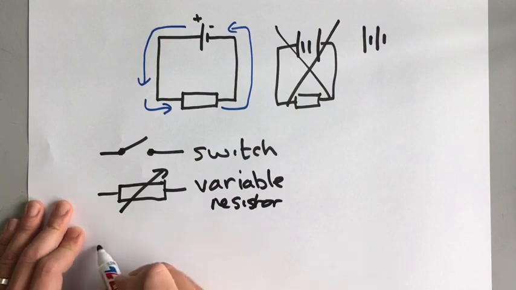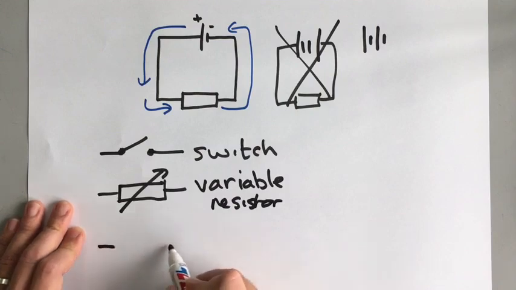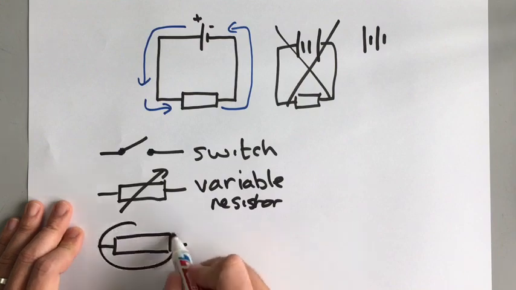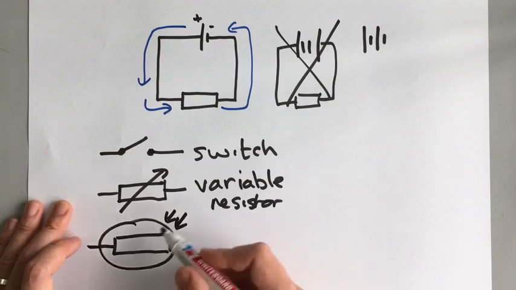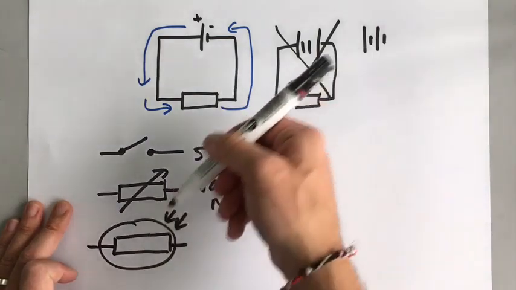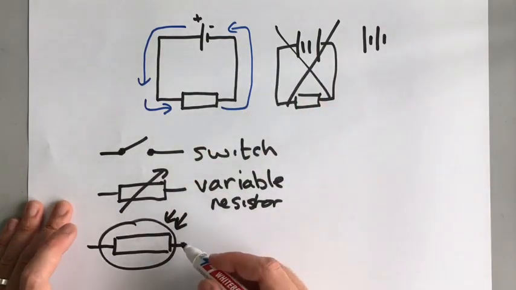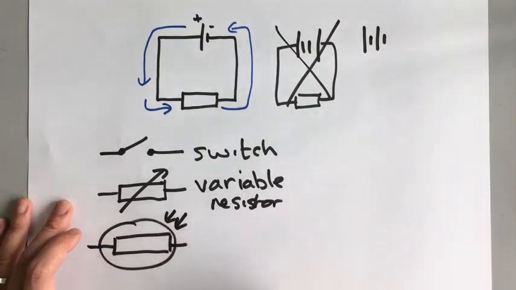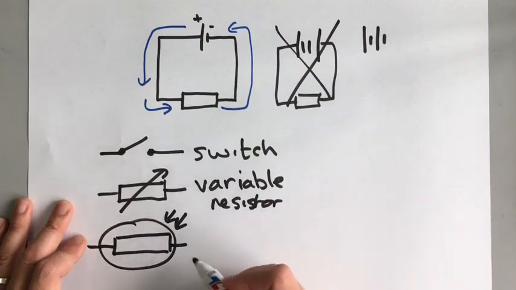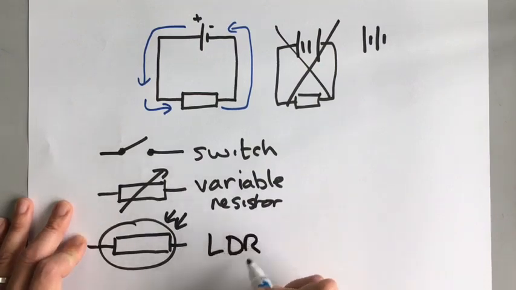You also need to know what an LDR looks like. Now, an LDR is a light-dependent resistor, and they look like this, and they change the resistance based on the amount of light that is coming in. So very bright lights has a different amount of resistance than very dim lights, and we'll learn about that next time. So that's an LDR.